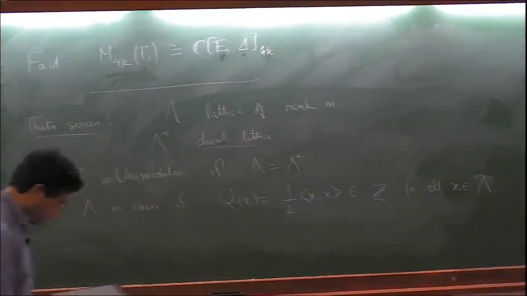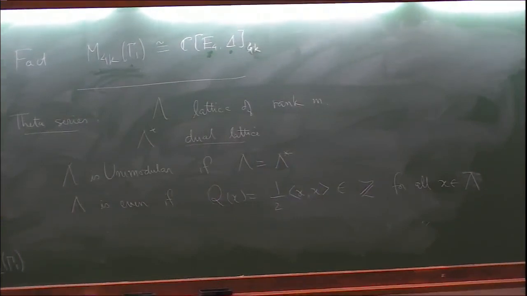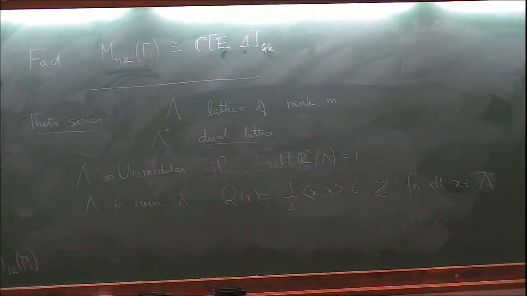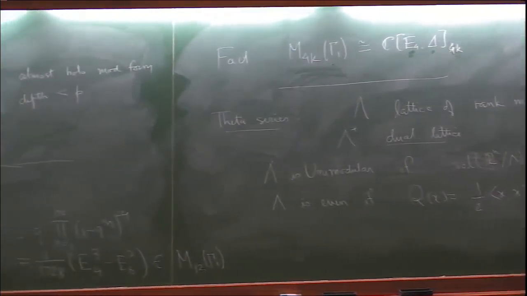So we are interested in even unimodular lattices. I don't want self-dual, I think. You can define theta series generally for any lattice, but I'll just state the facts for even unimodular lattices.